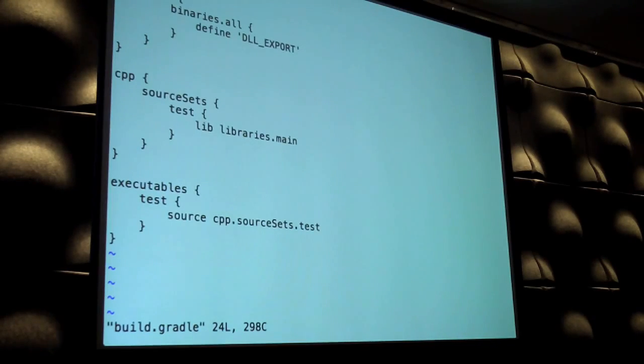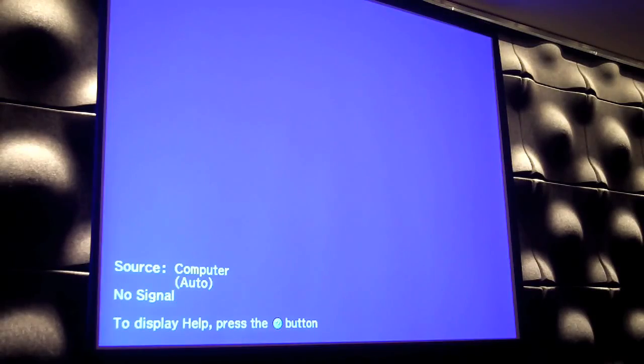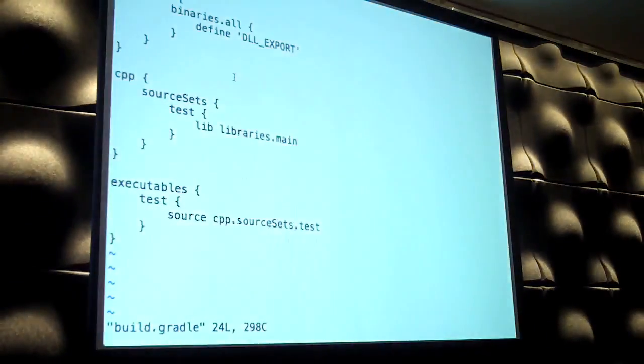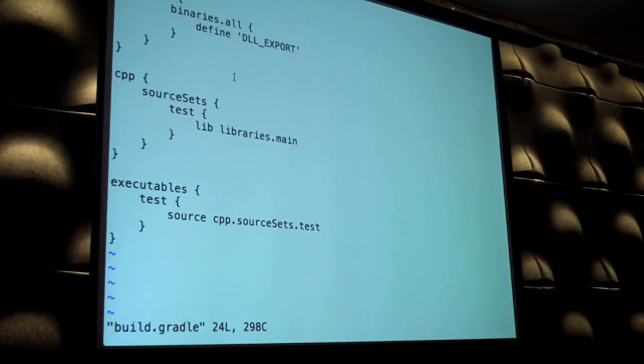One question. So this install directory, if this project has its dependencies, so all the dependent header files and SO files or whatever will be pulled from the repository and installed into that install directory. Yes.